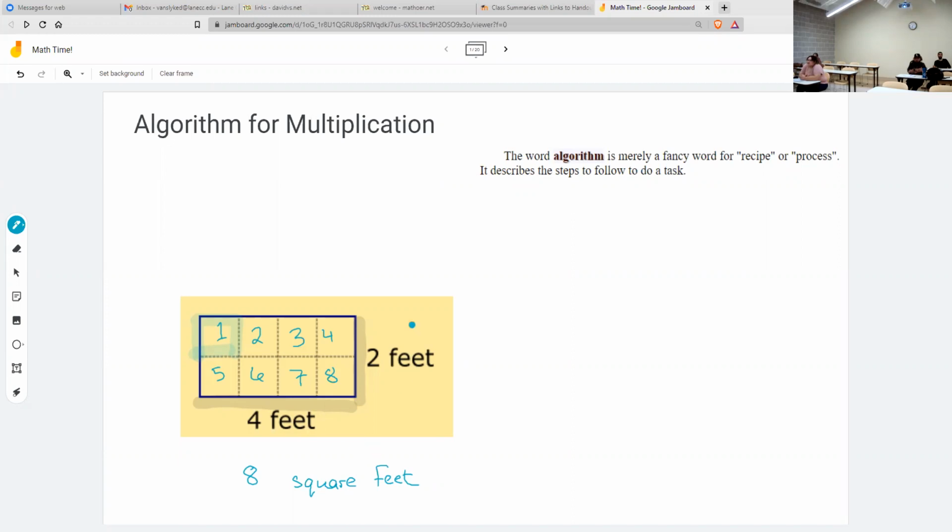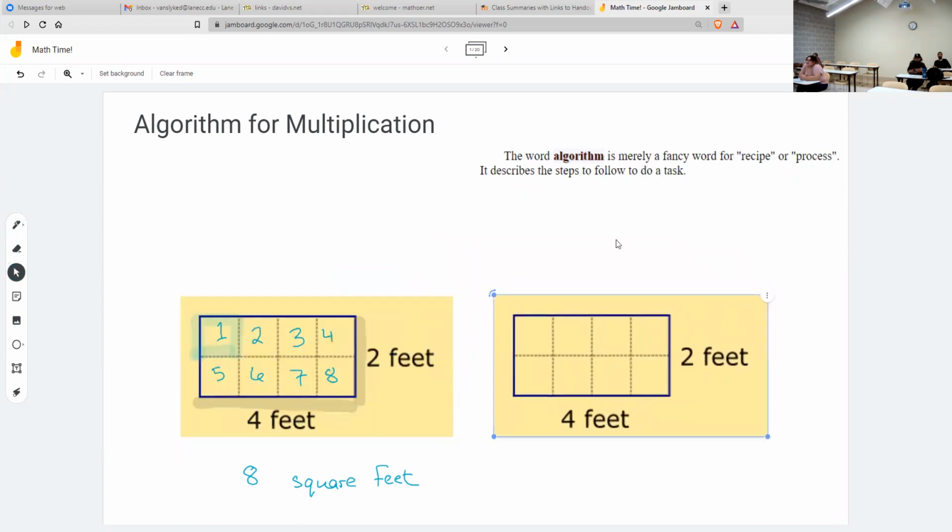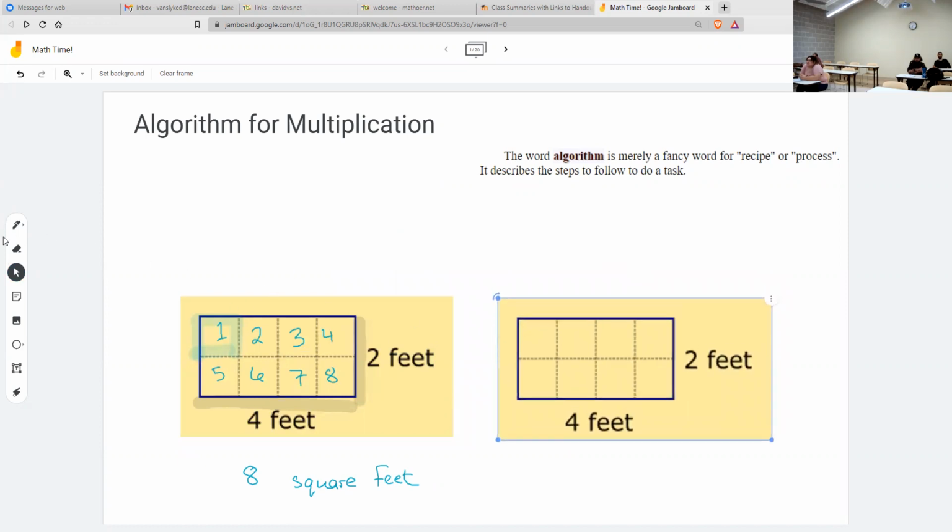I could just as easily have labeled it the other way. Now I have 1 copy of 2. Let's make 4 copies of 2.